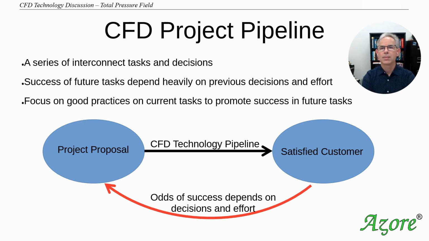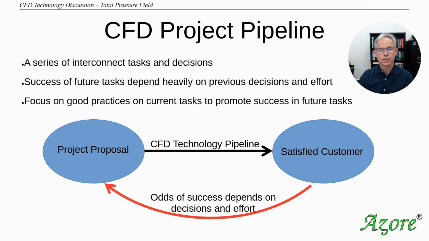The first thing I want to talk about is that for every CFD project, we go through a pipeline, and I think it would be a good idea to quickly talk about that. A CFD project begins with a project proposal. This is where you outline what you want to do with the CFD project.